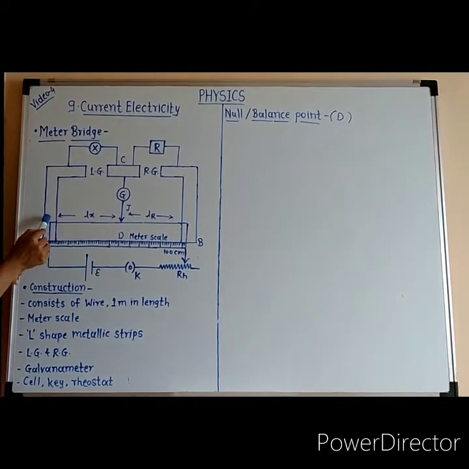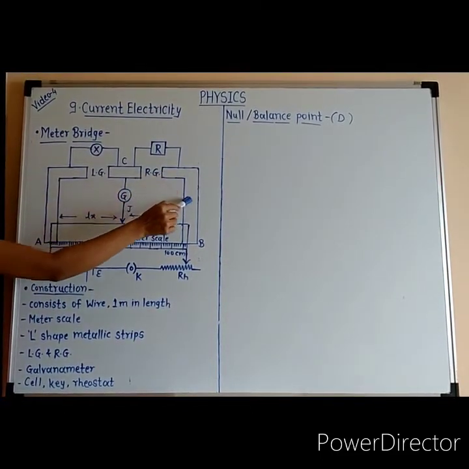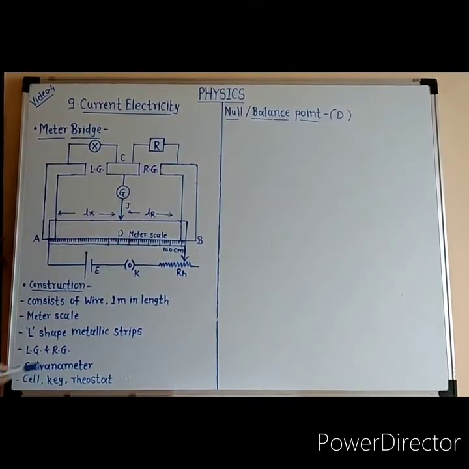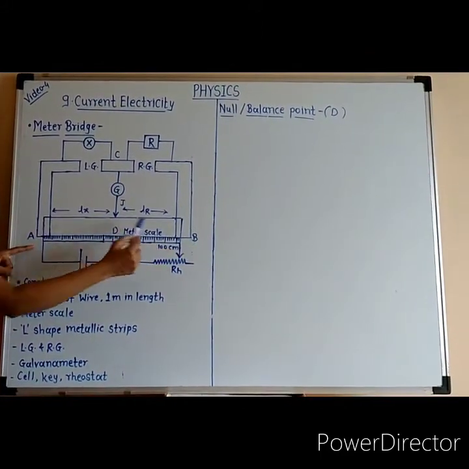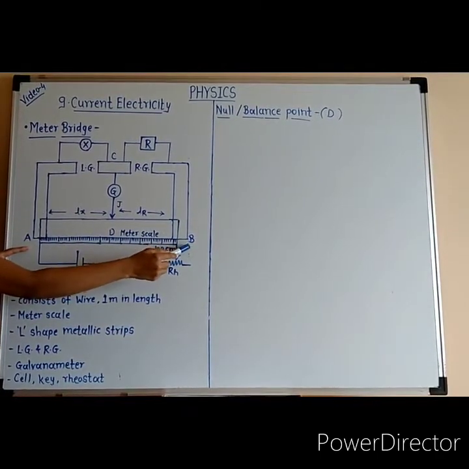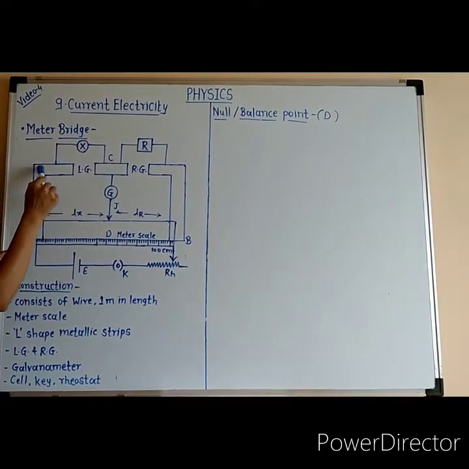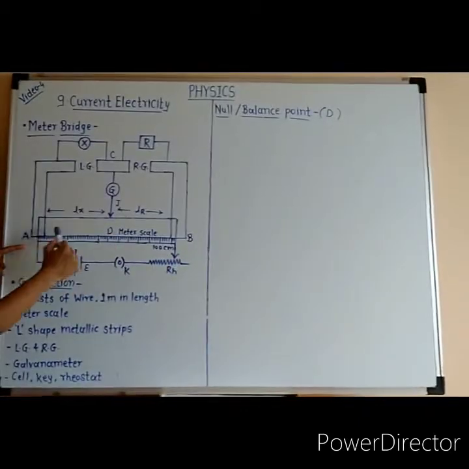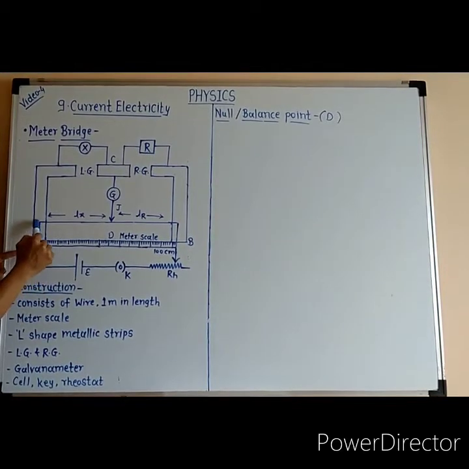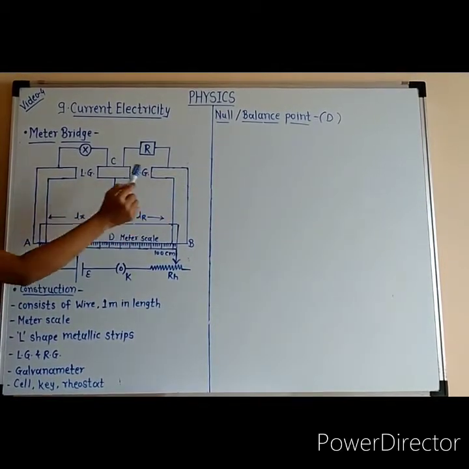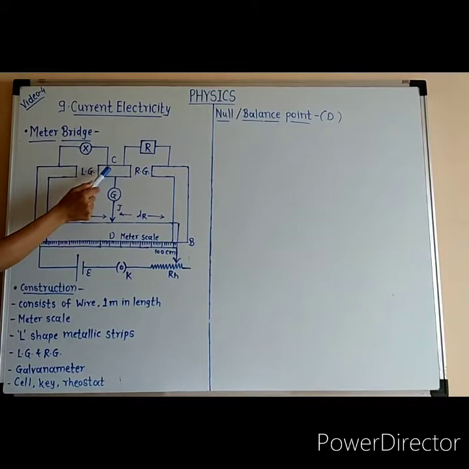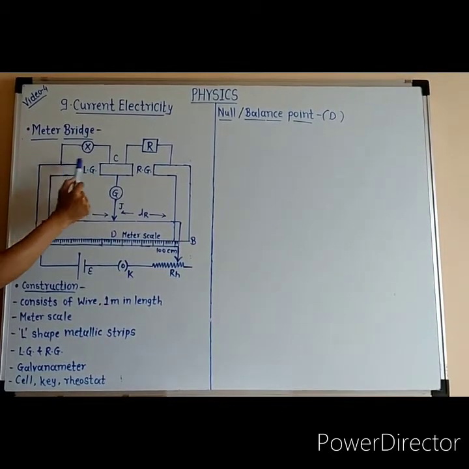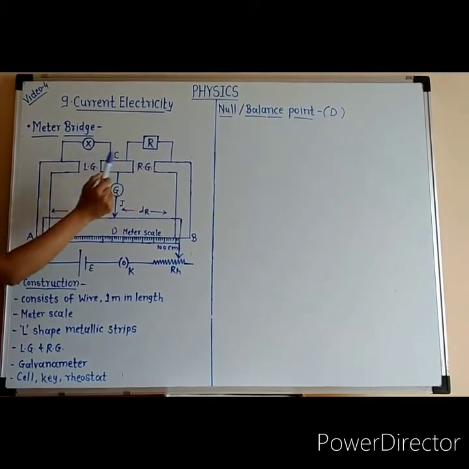There are two L-shaped metallic strips, and the two ends of the wire, A and B, are fixed below the L-shaped metallic strips.